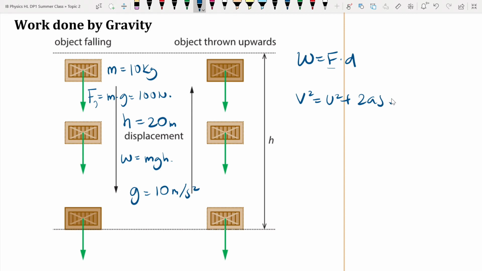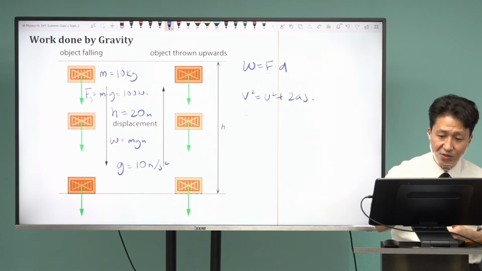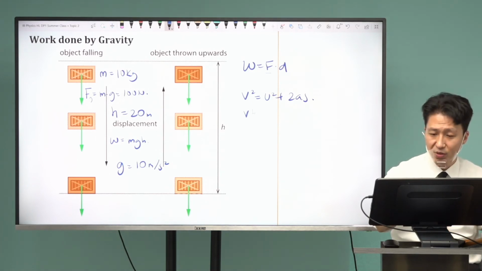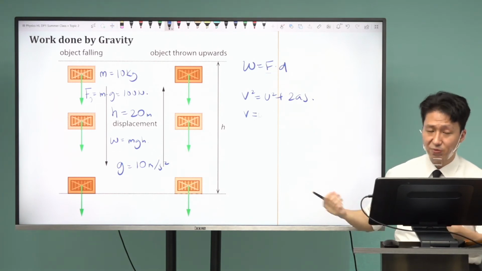Could you try it out and see what you get for the final velocity? If you have an answer, can you please post it on YouTube as well? So I'll wait for your response.